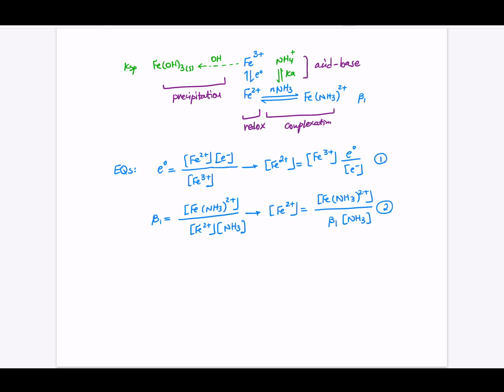So what we do is use equation 1, insert it here, to relate the concentration of the complex eventually to Fe3+. So with 1 and 2, we have FeNH3 2+ would be equal to beta 1 E0 e minus times the concentration of ammonia.